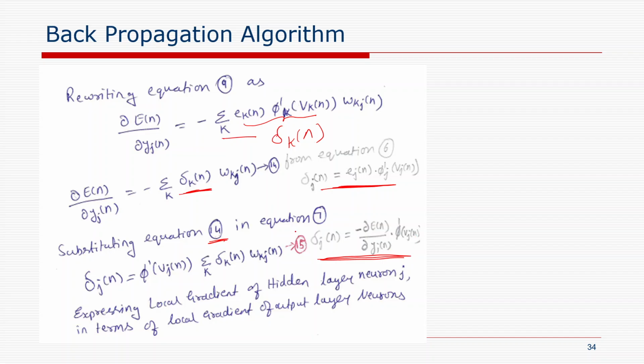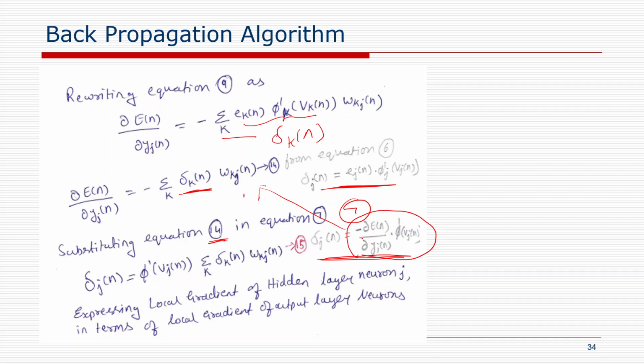Now when we substitute equation 14 in equation 7, we are going to get finally, this is our equation 7, and this was our equation 14. And now this value we should substitute here in this one.